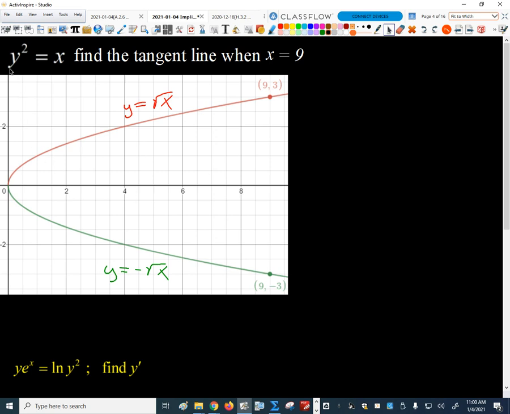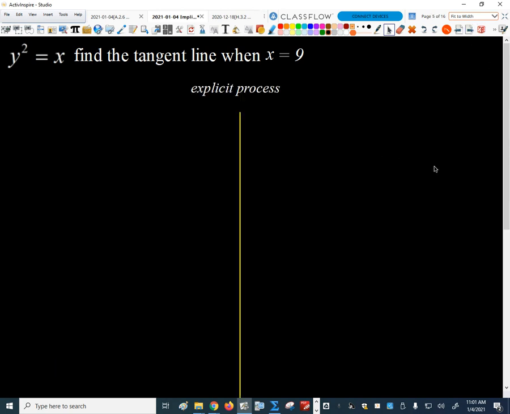So in this case, we would solve this problem that I posed to you by explicitly solving for y and getting two different functions and then differentiating each of those to enable me to find slopes, right? That's an explicit process. It worked here, but it does not work for the equation in yellow. So we got to see if we can come up with a different, better way of doing this.